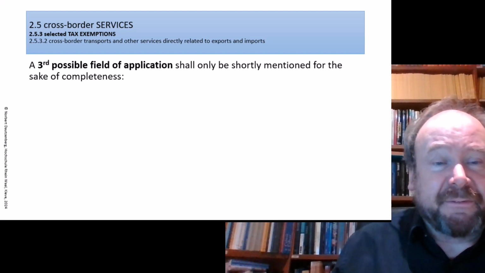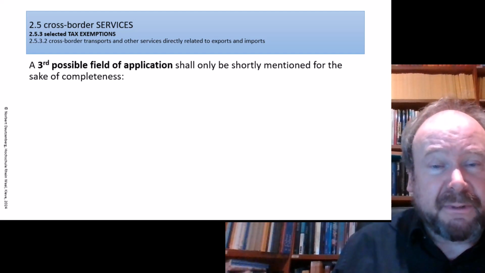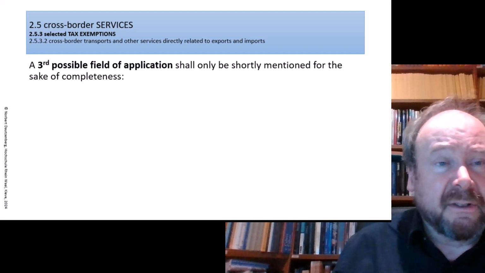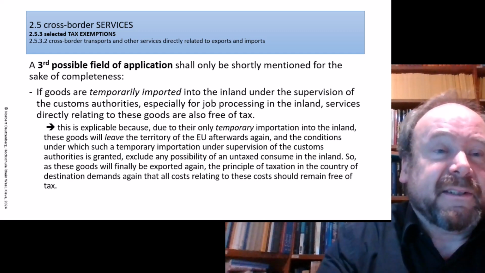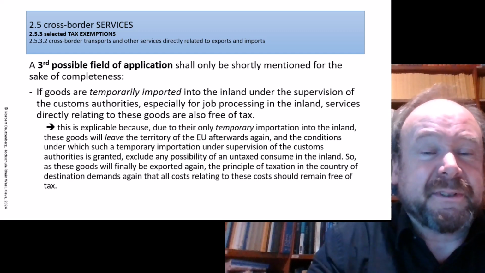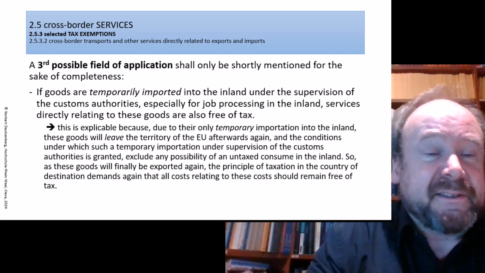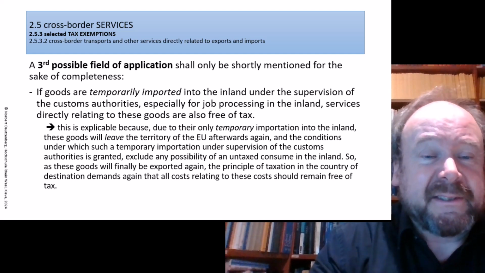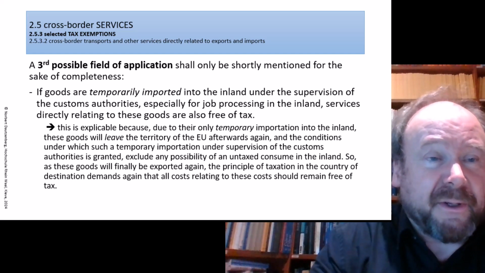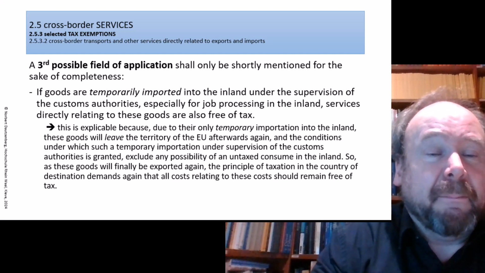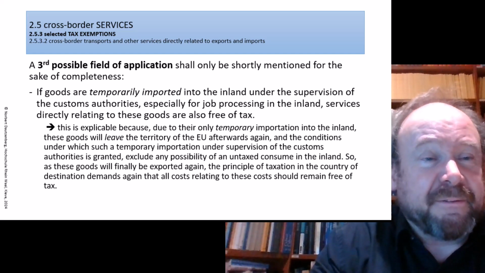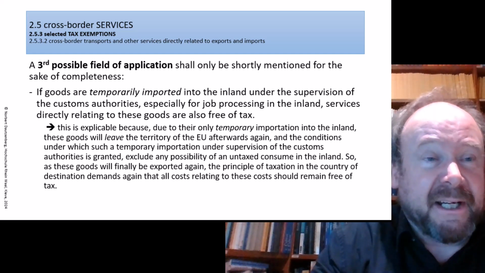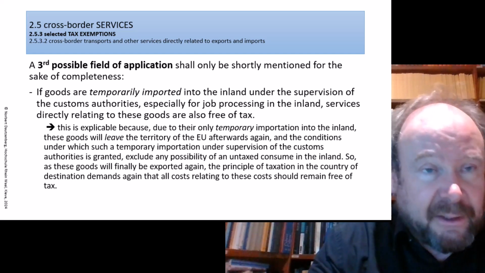A third possible field where 4 number 3 could be applied shall only be shortly mentioned, just for the sake of completeness. It might also happen that goods are temporarily imported into the inland under the supervision of the customs authorities, for example, to be worked on here, job processing, and then be re-imported. In that case, we have goods which basically are meant for export again in the long run.